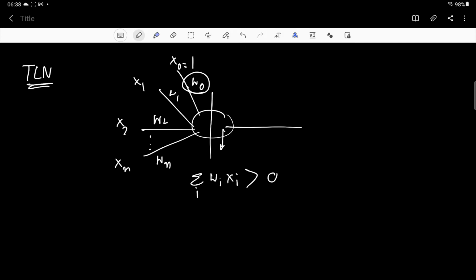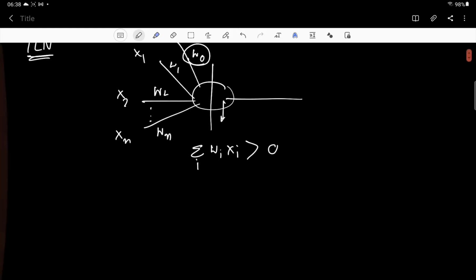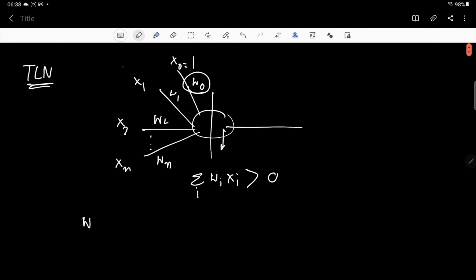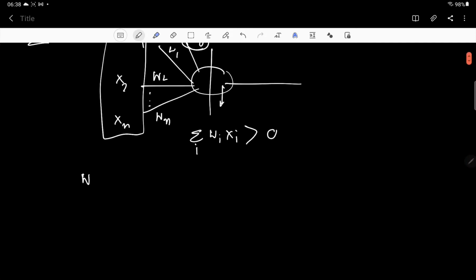Because I think you may understand something like this. Actually the inputs are x1 to xn, right? So the way that we did it is the summation for i is 1 to n of wixi.